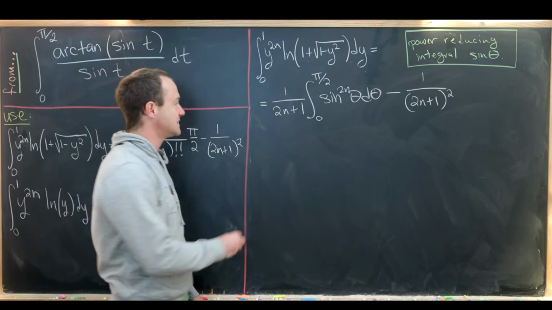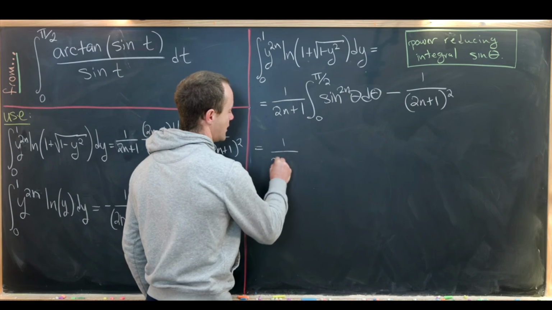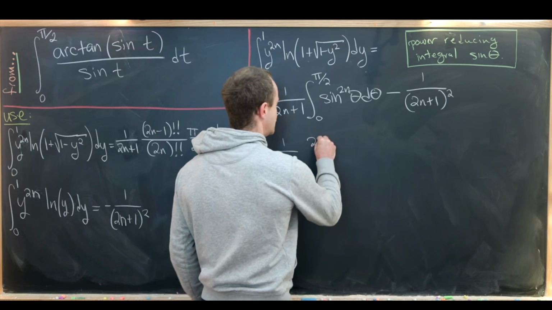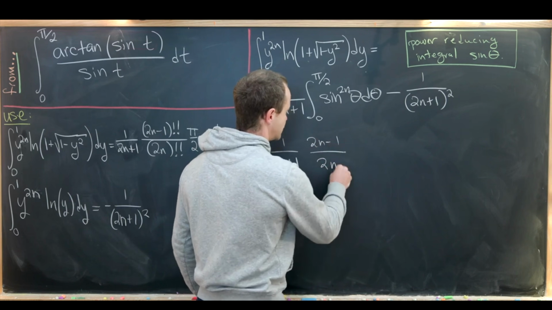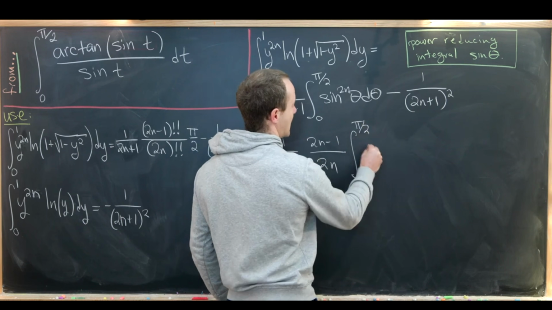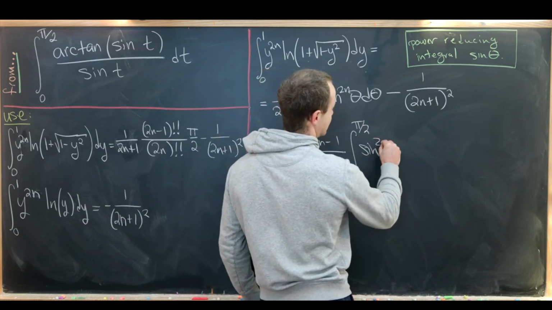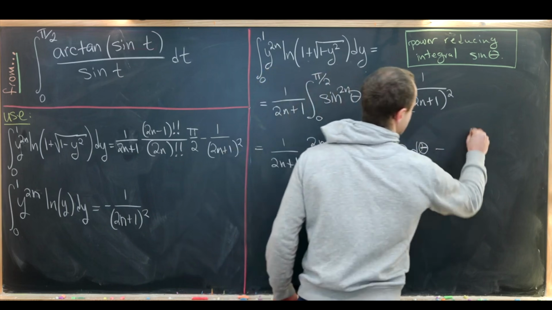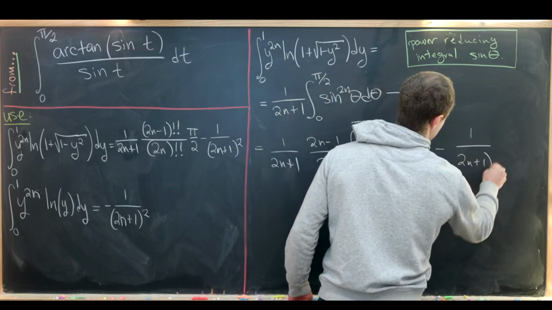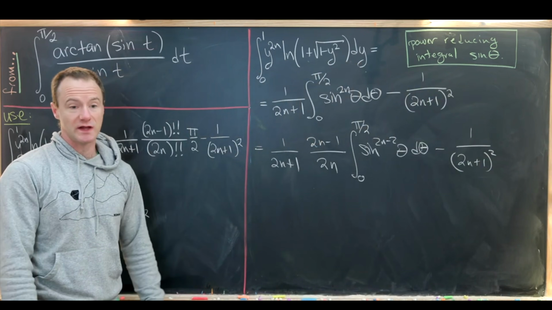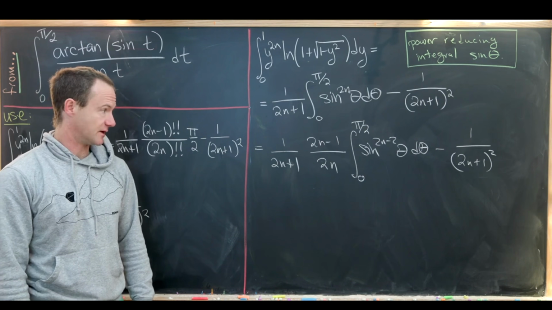So after one step, this is going to look like 1 over 2n plus 1 times 2n minus 1 over 2n times the integral from 0 to pi over 2 of sine of 2n minus 2 theta d theta minus this thing that's just coming down for the ride. So that's what we have after one step of this power reducing formula.